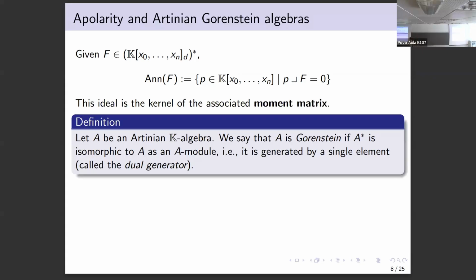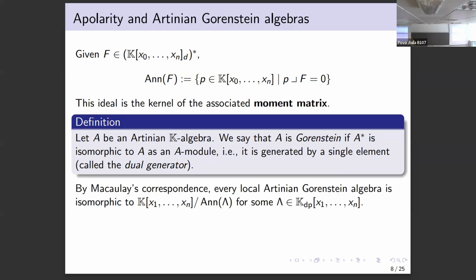And we're going to say that an algebra is Gorenstein if this A-module structure of the dual gives us an isomorphism. So the dual is a rank 1 A-module, meaning that it's generated by a single element called the dual generator. But we have a very good understanding of what these algebras look like.